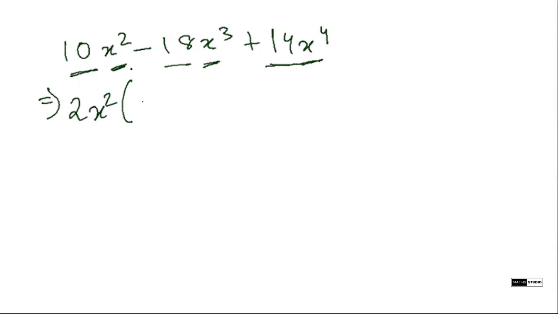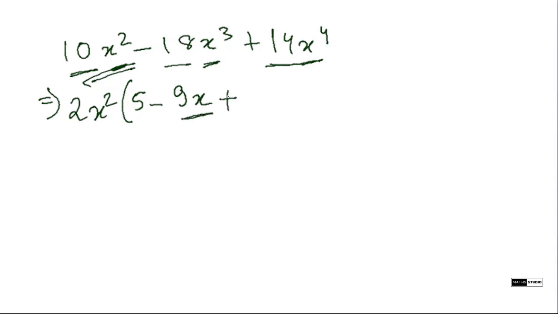So what is left behind in the first term? 5 into 2 gives 10, so 5. And x square is already out. This is minus, so minus will come down. Then after that, what do we have? 18 can be written as 9 into 2, and x square is already out, so x. So 2x square into 9x will give me 18x cube. That's why 9x is written over here.